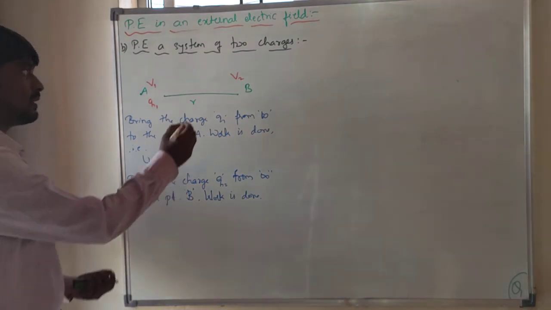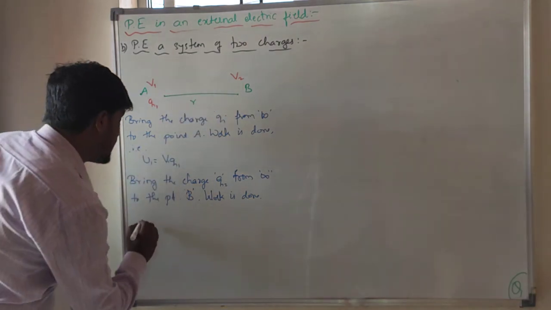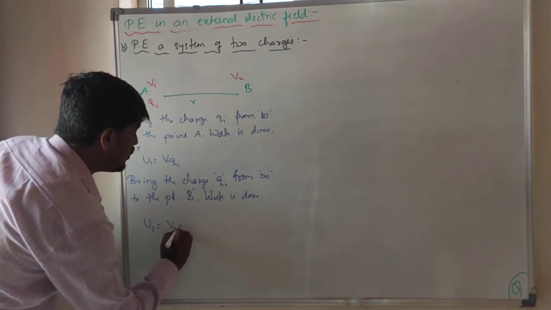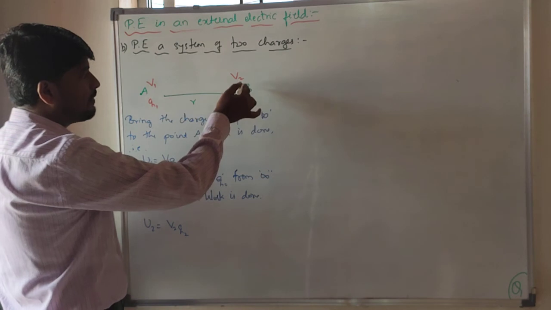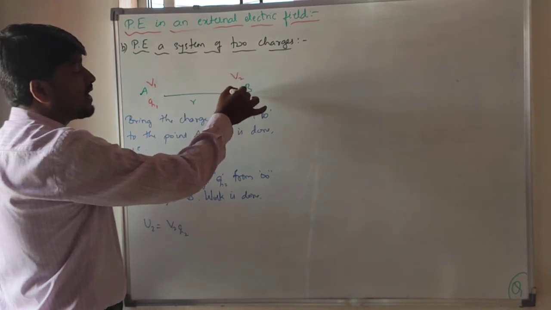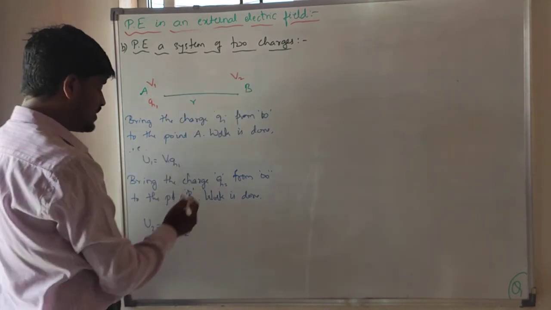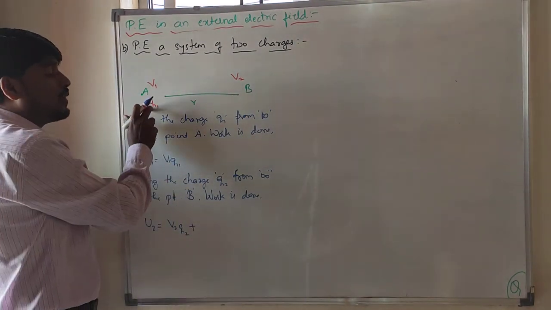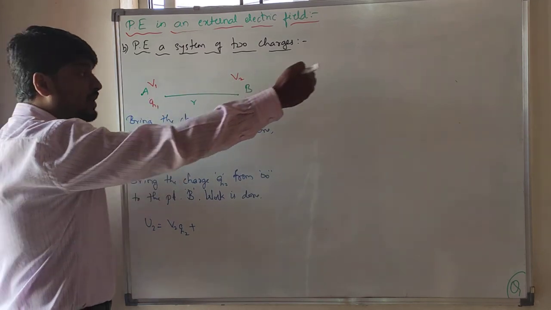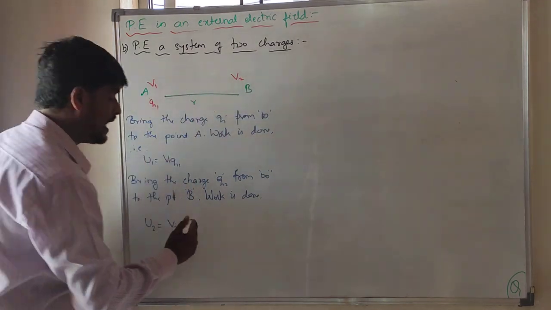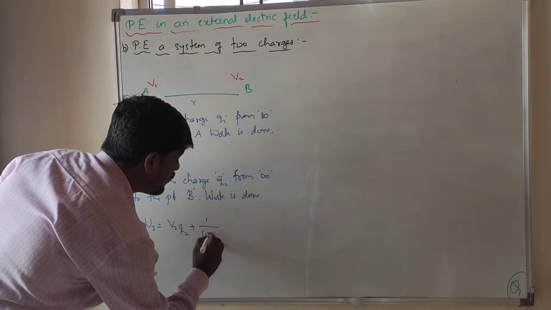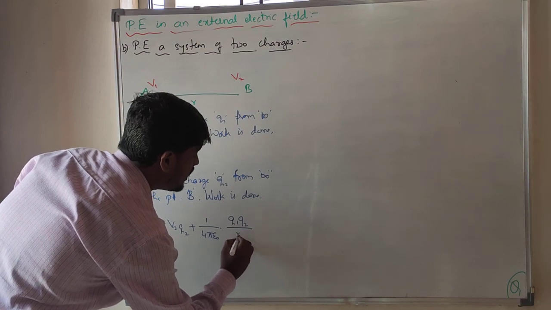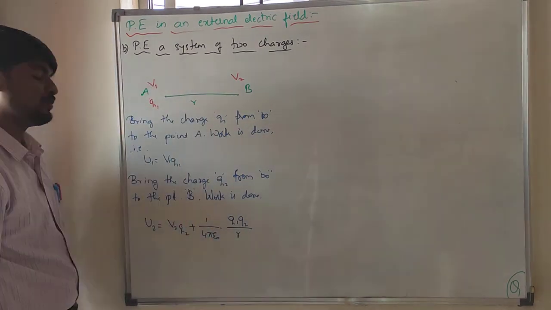So U2 is equal to, first, V2 Q2, the potential energy stored in Q2 due to V2. And the potential energy stored due to Q1, because we are bringing Q2 against the electric field produced by Q1, is given by 1 by 4 pi epsilon naught into Q1 Q2 divided by R, where R is the distance.